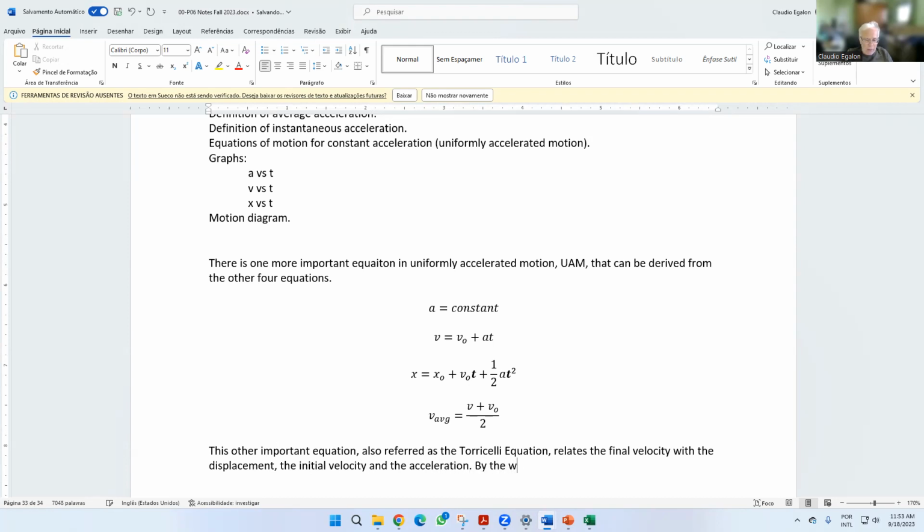By the way, this equation is independent of t, okay?